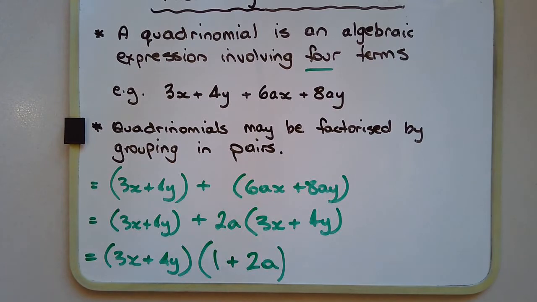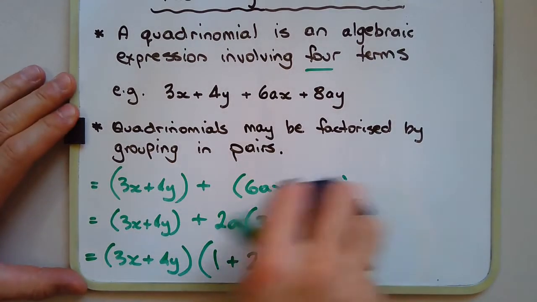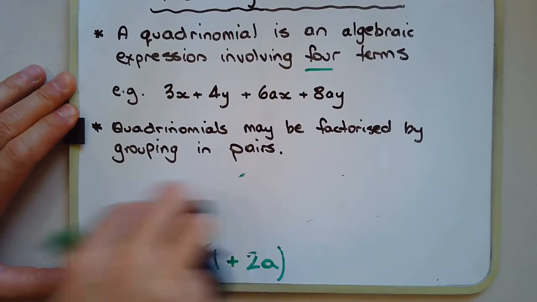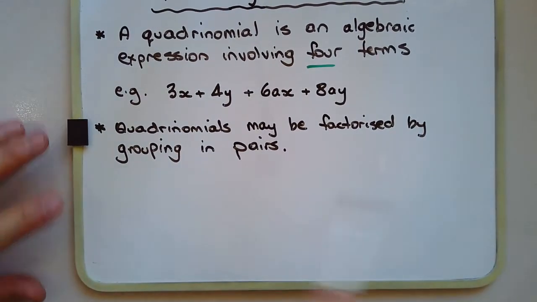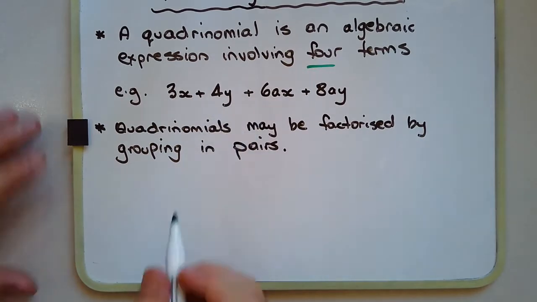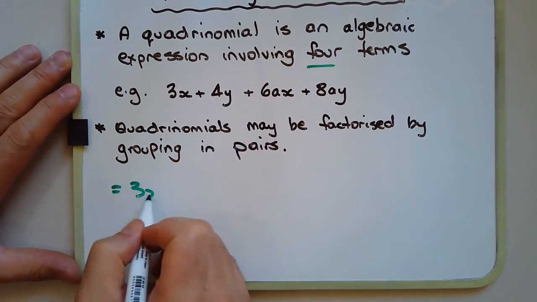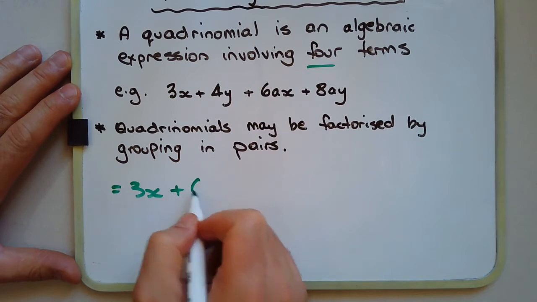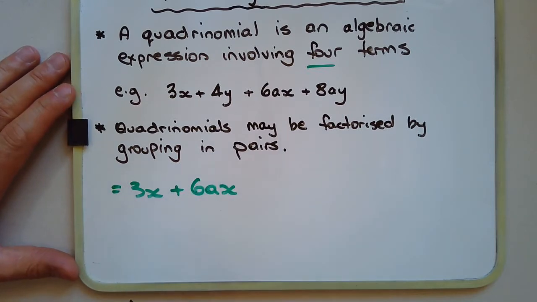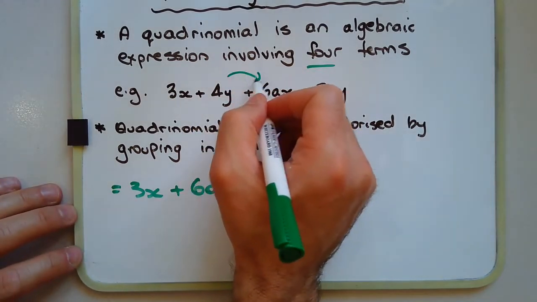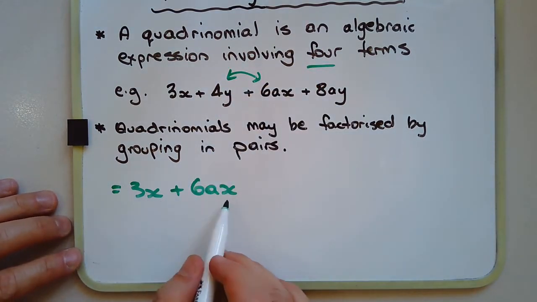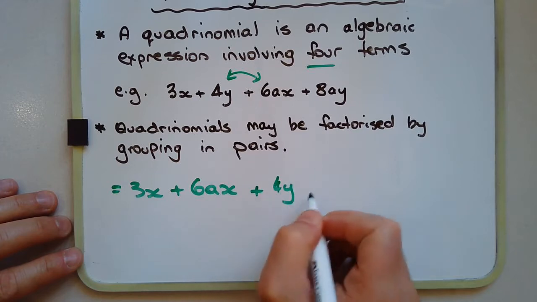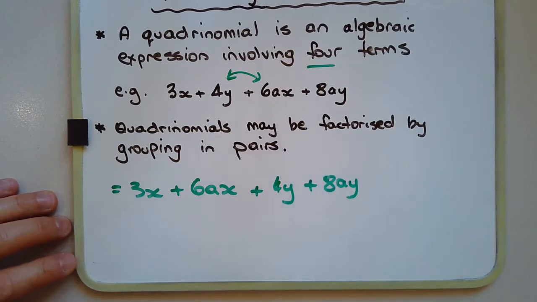The other way that we can factorize this, just if you didn't see that immediately, is if we swap the two middle terms around. You're allowed to do that, so it doesn't really matter. If it makes life a little easier for you, by all means swap these two around. You'll see what I mean in a moment. 3x plus 6ax plus 4y plus 8ay.